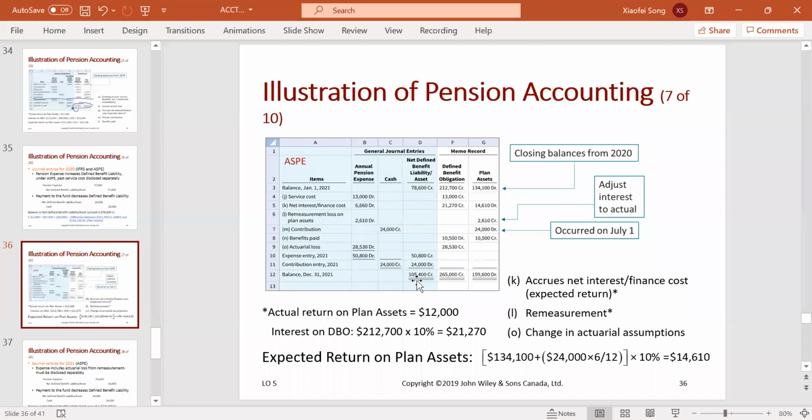This is also the year we have a remeasurement loss on plan assets. So up to now, the expected return on plan assets is the same as the actual return, right? But this year is different. Actual return is whatever you earned when you invest your plan assets, and it will affect plan assets.